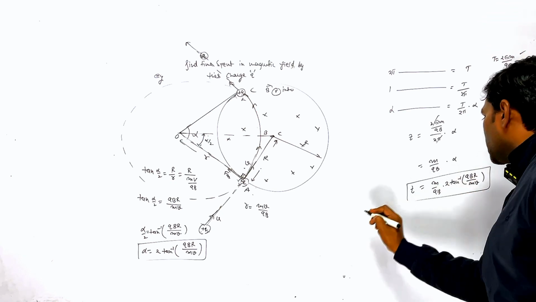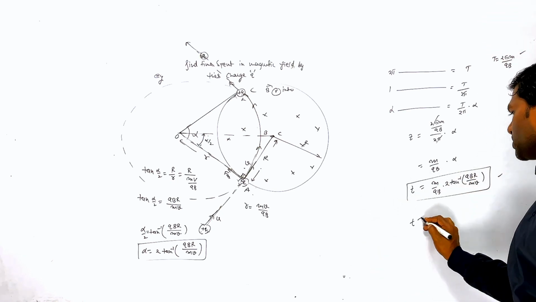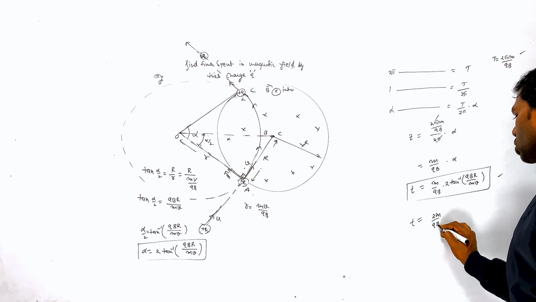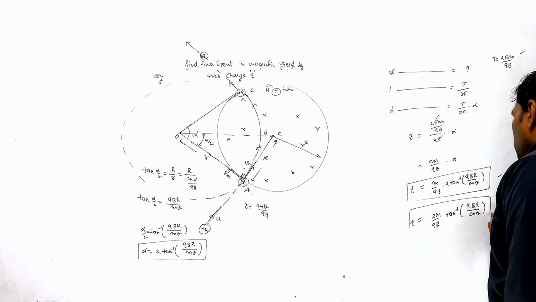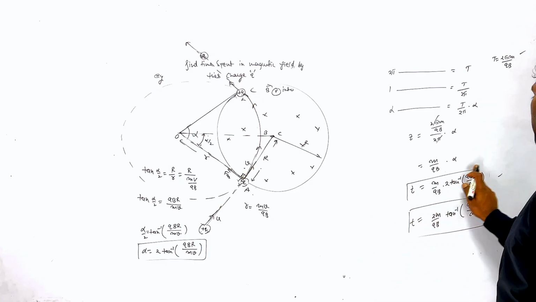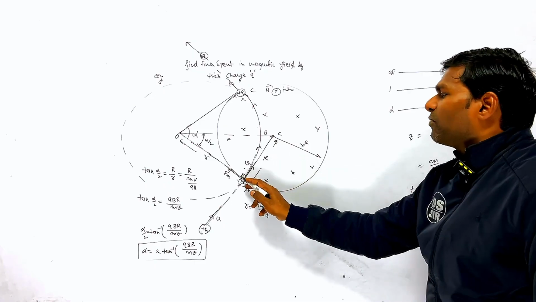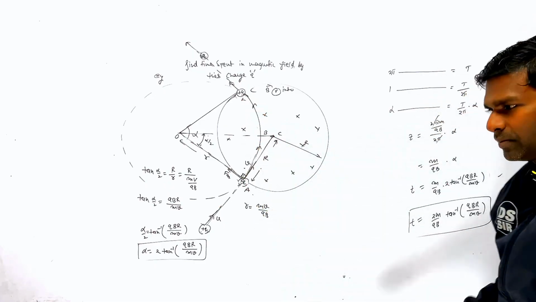So this is the time spent: 2m upon qB into tan inverse of qBR upon mv. So this is the time spent by the charged particle from here to here. Copy this.